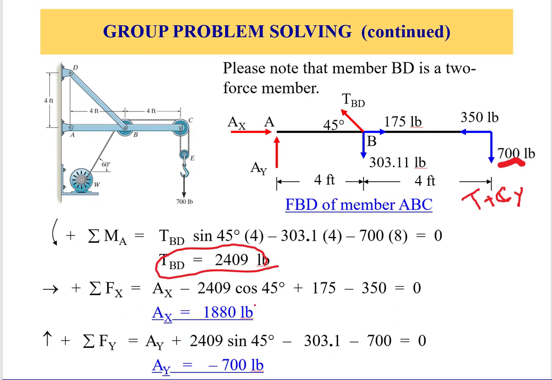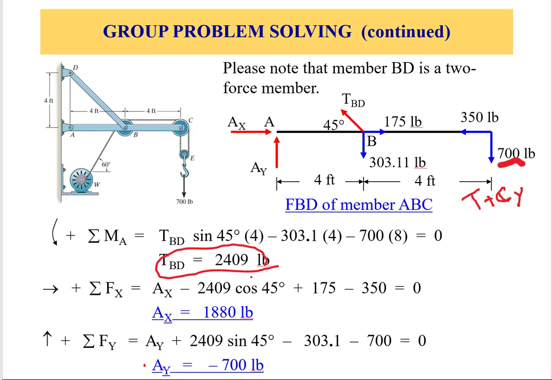And the same for AY: AY minus 303 minus 700 plus TBD, which we know the magnitude is 2409, multiplied by sine 45, is all going to be equal to 0, so you can calculate the AY. So with this example, we conclude the problem solving.